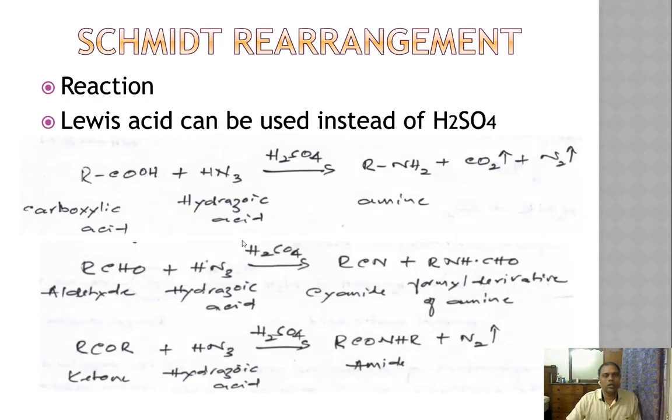As you can see here, this carboxyl group is getting converted to an amine group with only a little change, right? Instead, oxygen is replaced by nitrogen over here.